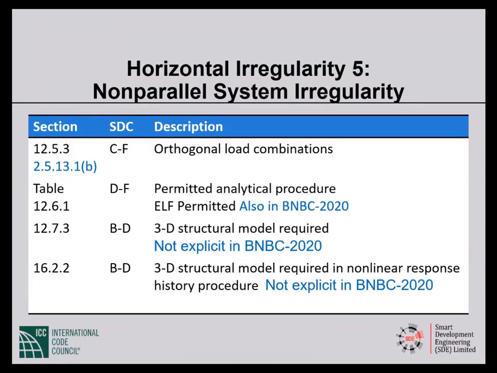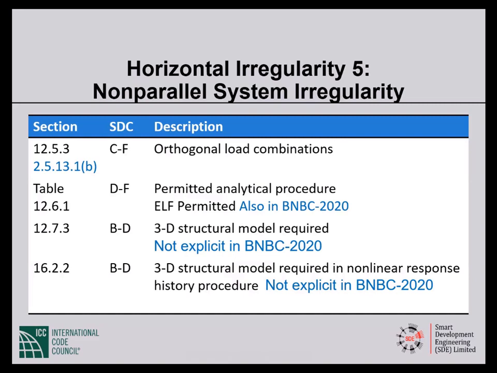So if you have type 5 horizontal, design categories C and above, we have to consider the fact that earthquakes can hit from any old direction. They are not constrained to hit your structure along the orthogonal plan axis. So we have to do what is called orthogonal load combination. We'll take a look at that.